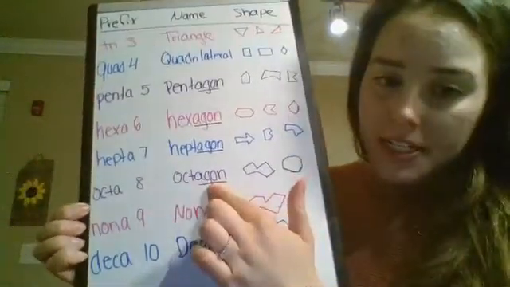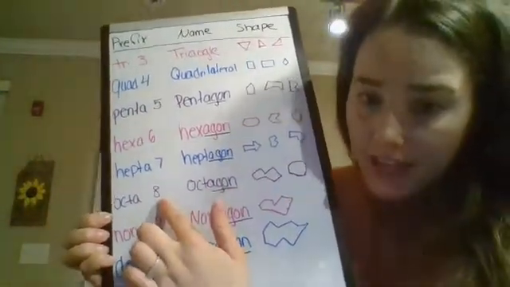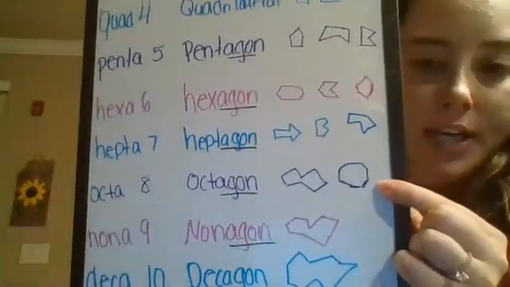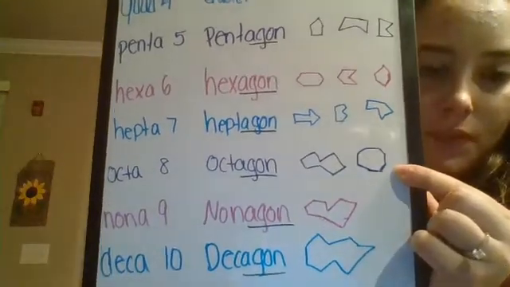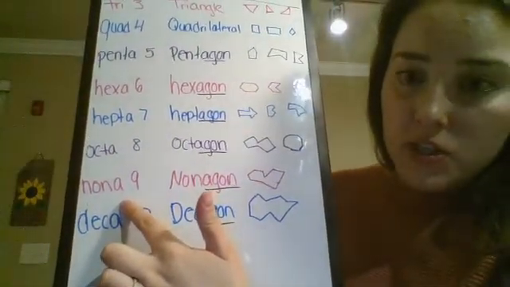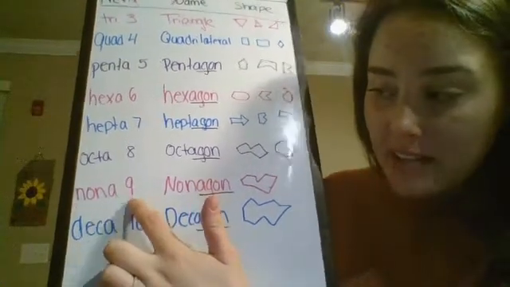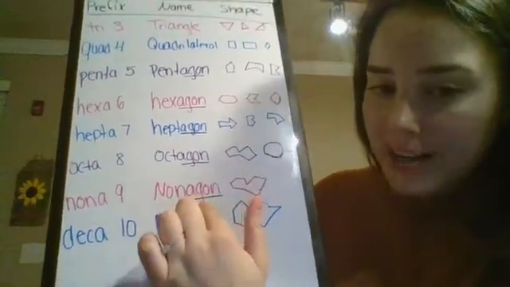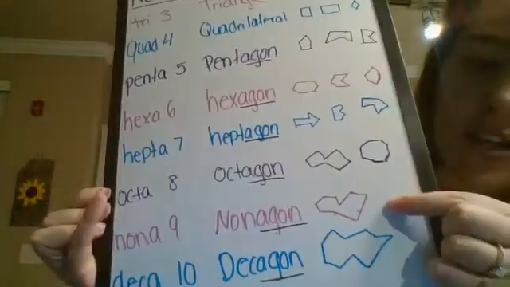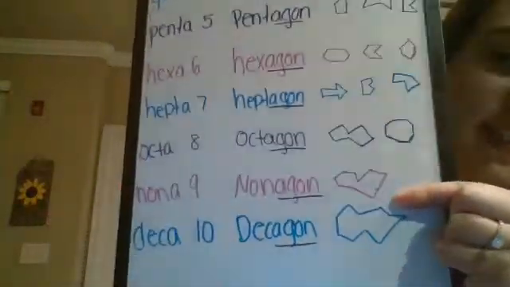So an octagon has 8 sides. These are some examples of an octagon. Can you say the word octagon? Okay, then we have nona, which means 9 sides. So a nonagon has 9 sides. This is an example of a nonagon. Can you please say nonagon?